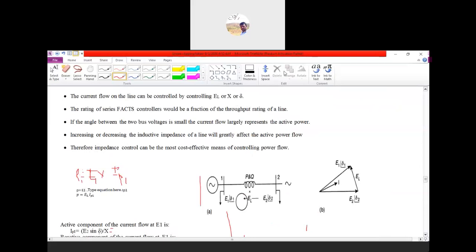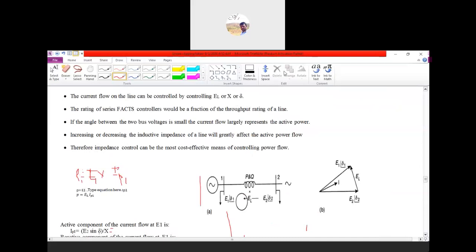Now, up to what limit do we have to consider? If we continuously increase the reactive and active power, what will happen? The voltage is also affected, so it should be within a limit. The delta angle should be within 90 degrees.